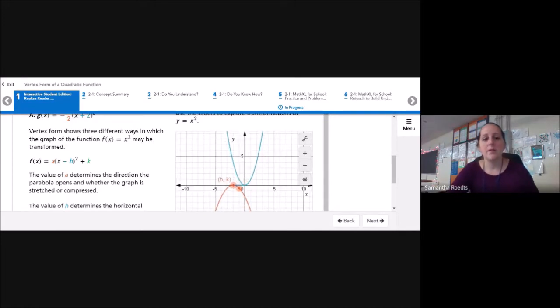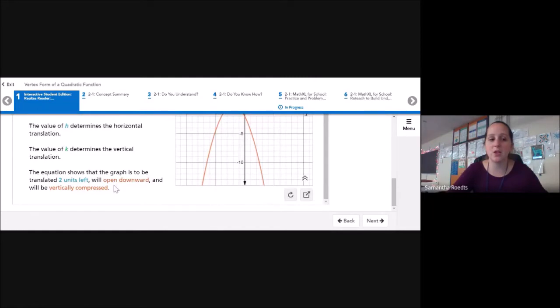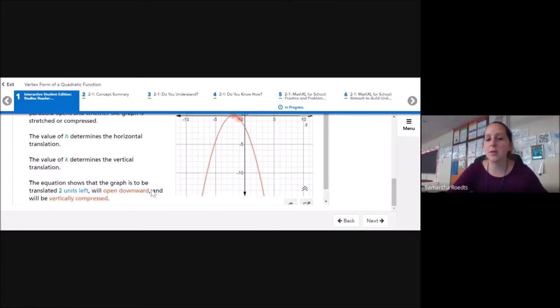Okay. The value of h determines the horizontal transformation, so it moves left or right, and k determines the vertical translation. The equation shows that the graph is to be translated 2 units left, will open downward, and will be vertically compressed.